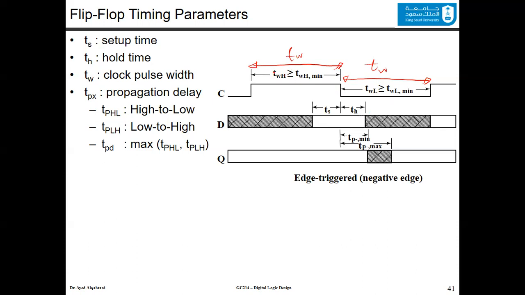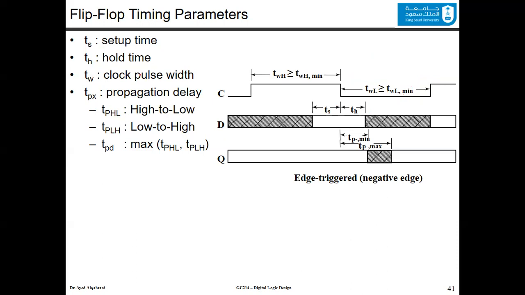So we call this one the TW high, and here we have the TW low. There is a lower bound, a minimum time allowed for the high, and also a minimum time allowed for the low. So the TWH has this lower bound or more. The TWL would be either the lower bound or more.